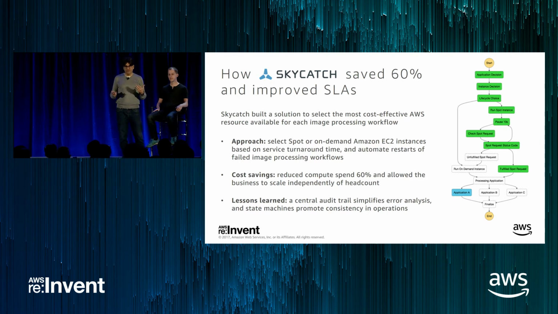But by managing their compute resources in this way, they pick the right instance at the right time, for the right job. They also found that by using state machines in their workflows, they can simplify several stages of their operation. They simplified error analysis, because not every drone photo is perfect. Sometimes the drone takes a picture of the sky, and that can interfere with the workflow. This allows them to resume processing images with a consistent protocol whenever they find an error in the data set that they're processing.